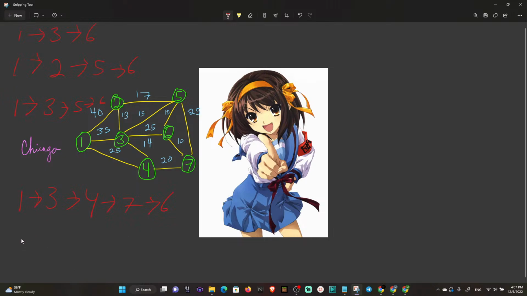We also have 1 to 4 to 7 to 6. And we have 1 to 4 to 7 to 5 to 6. And then in theory we have 1 to 2 to 3 to 4 to 7 to 5 to 6.